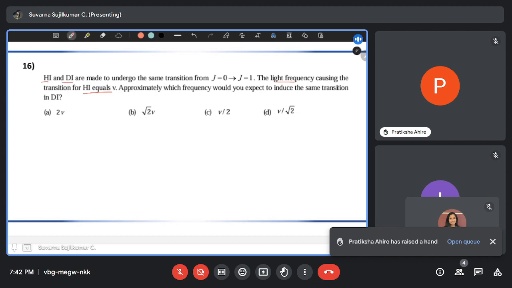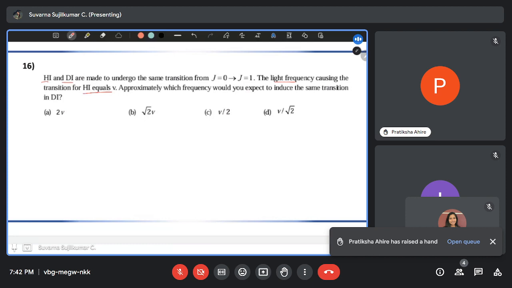For a transition, we just now wrote an expression, right? Whenever you hear the word transition, it will be associated with delta E. So try to think in that direction.